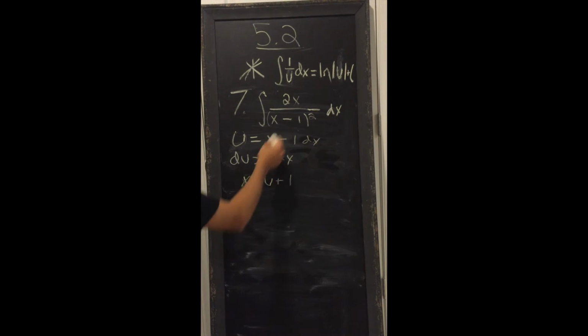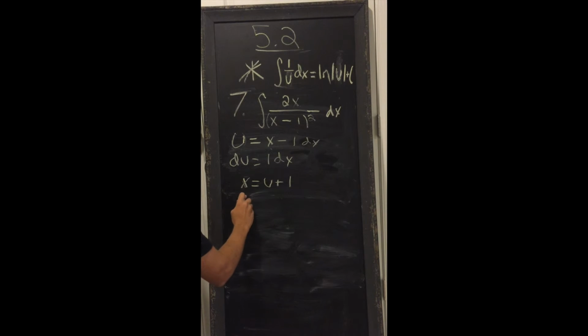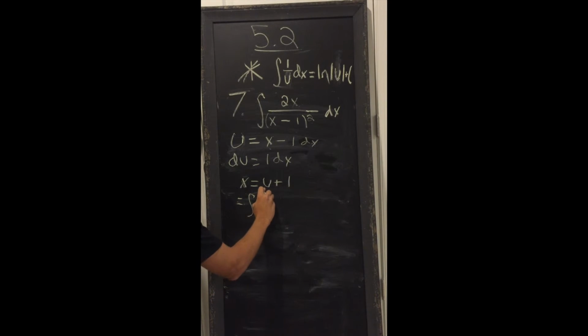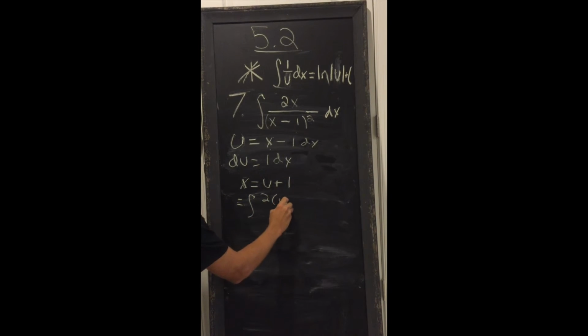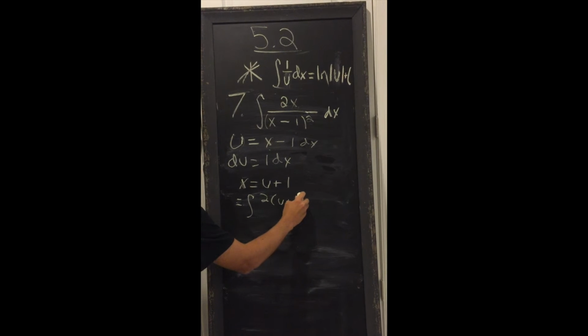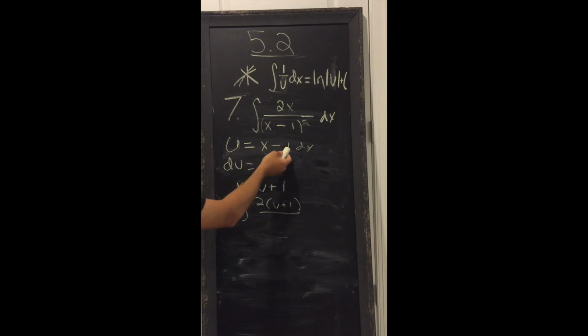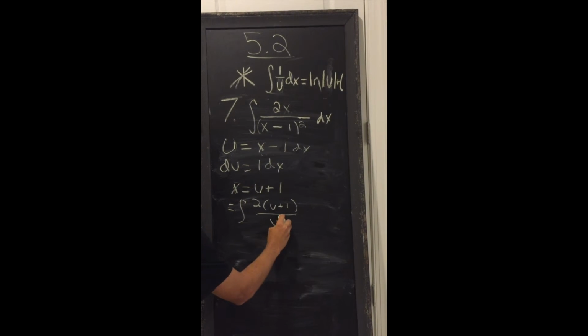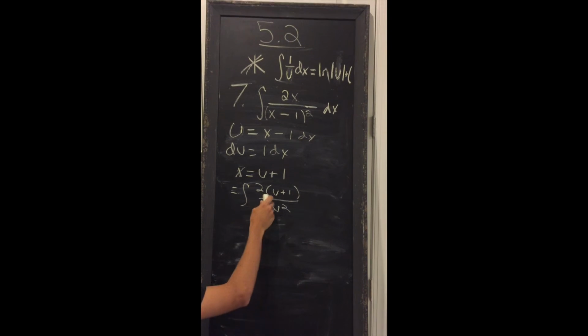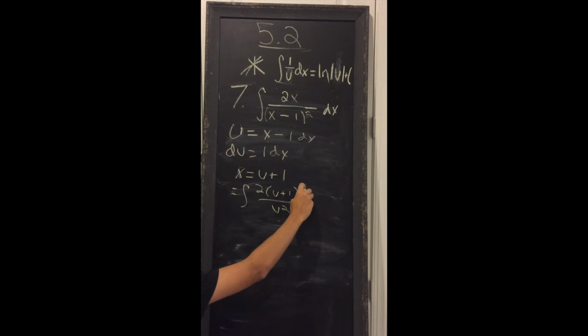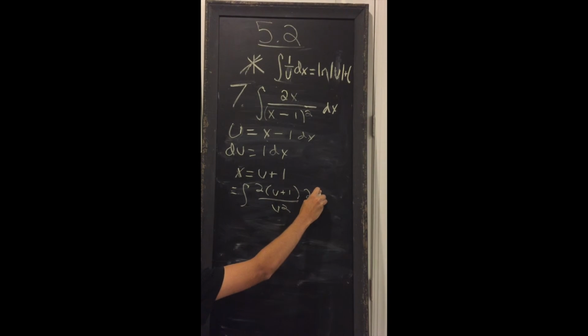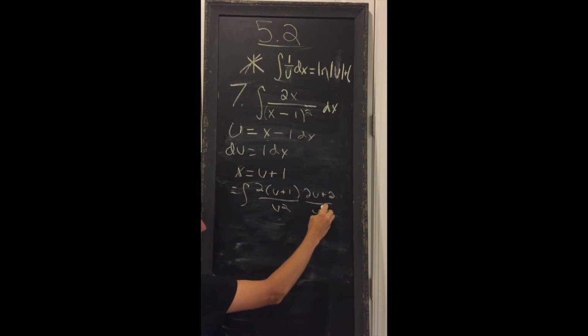So now we can substitute x in for the 2x, so we get the integral of 2 times u plus 1 over, since x minus 1 is u, u squared. Now we're going to multiply u plus 1 by 2 to get 2u plus 2 over u squared.